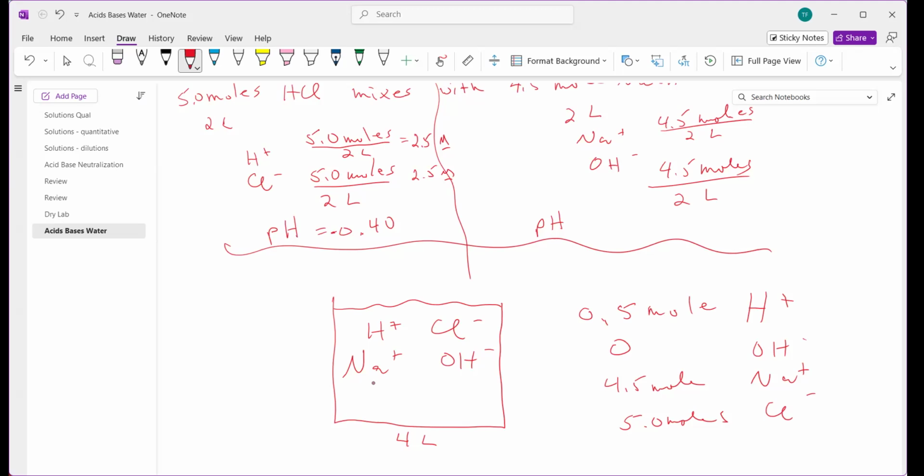One of them is acid and base, but there's going to be a solution. Okay, so the pOH is 2.25.